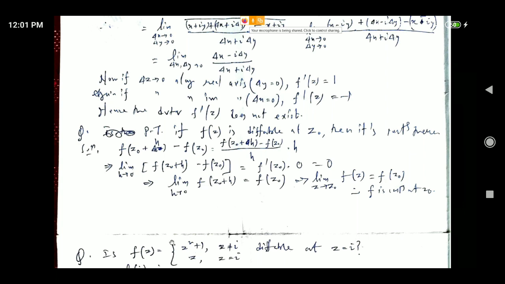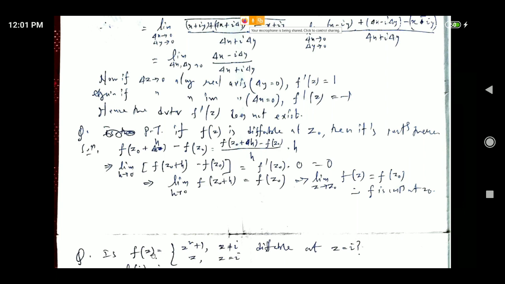Means you have to check limit z tends to I, because our point here is I, of f of z equal to f of I or not.